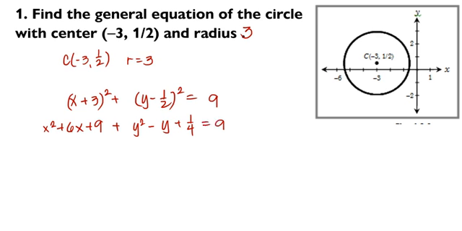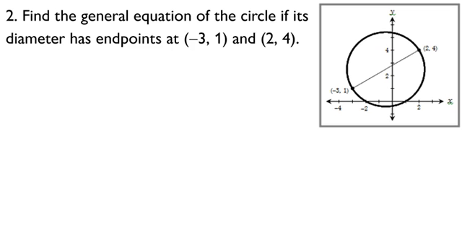Let's multiply everything by 4. 4x squared plus 4y squared plus 24x minus 4y, so 9 times 4 is 36. 9 cancels out, so that means this is plus 1 equals 0. So I guess I'm correct here. So this would be the general equation of the circle.